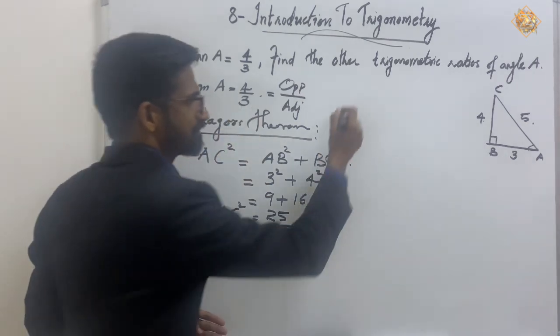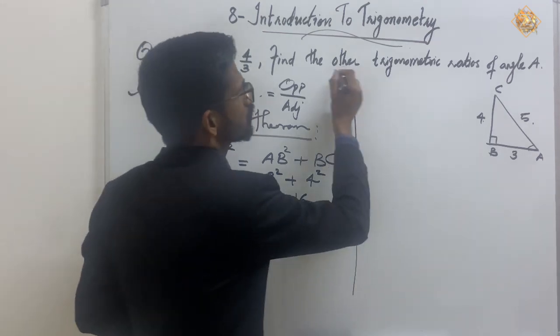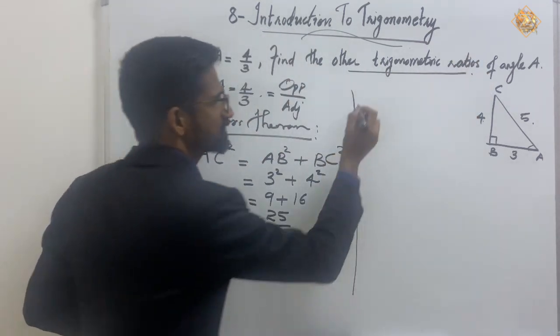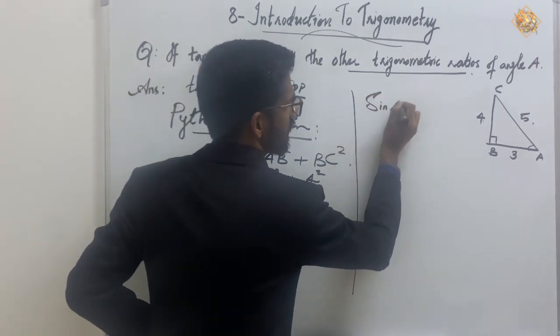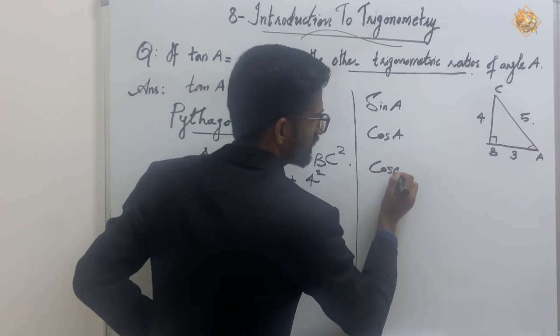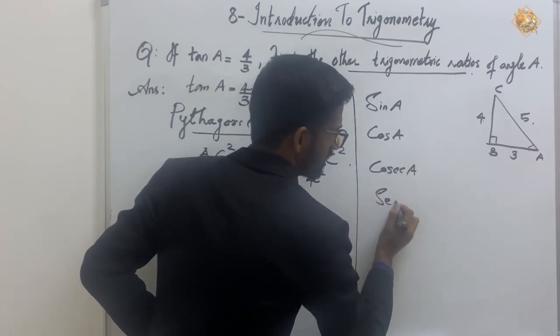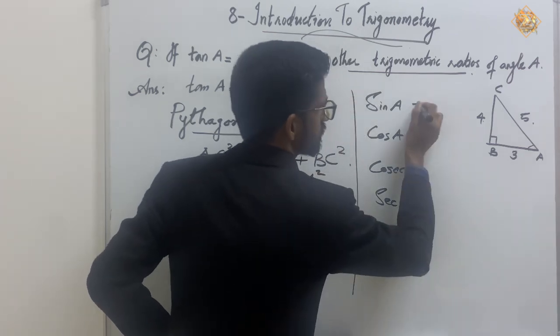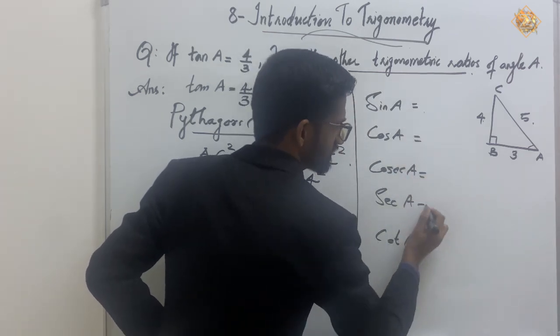The question is to find the other trigonometric ratios: sine A, cos A, cosec A, sec A and cot A. We can find them easily.